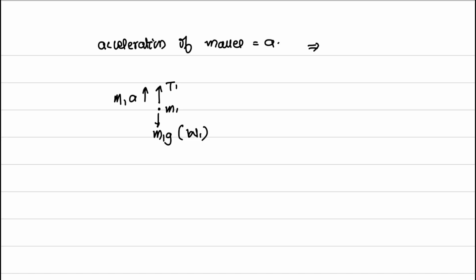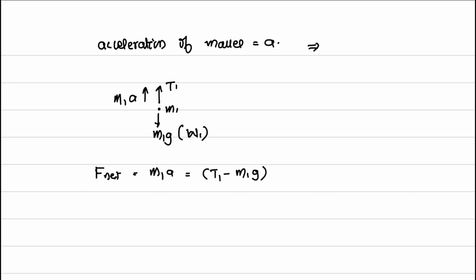The net force, what is Newton's second law? Net force, F net, is equal to M1A, with which it is moving upwards, that is equal to, because it is moving upwards, T1 minus M1G.